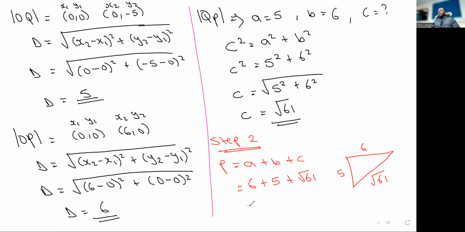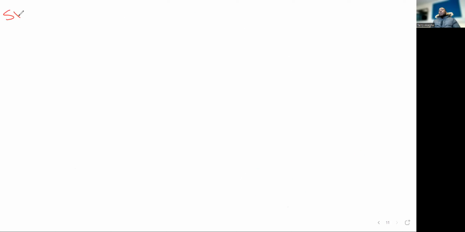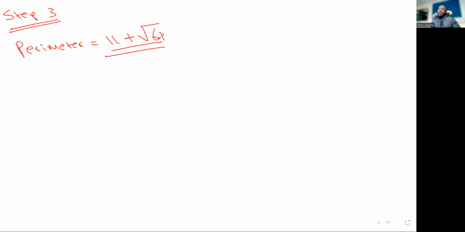And that will give us 11 plus root 61. So step 3, we can now say the perimeter for this is equal to 11 plus root 61. So it's 11 plus root 61.